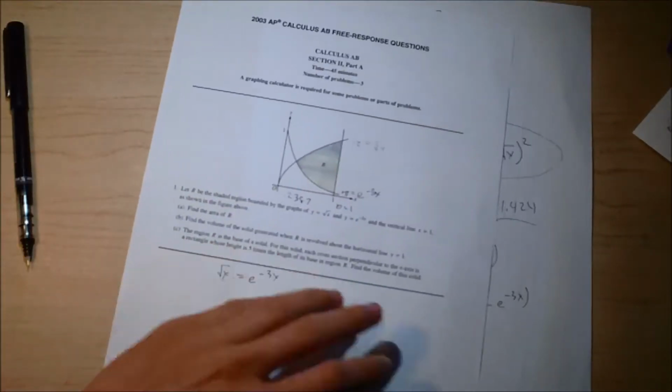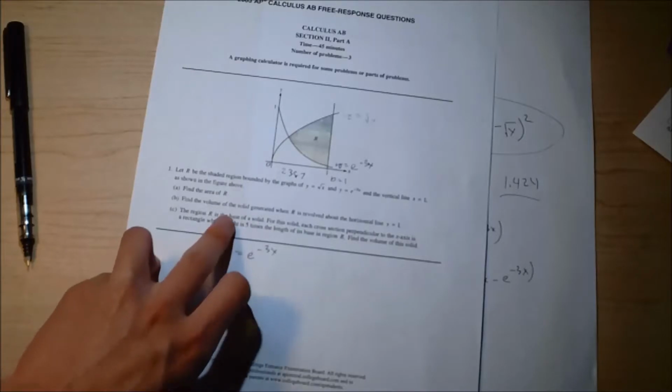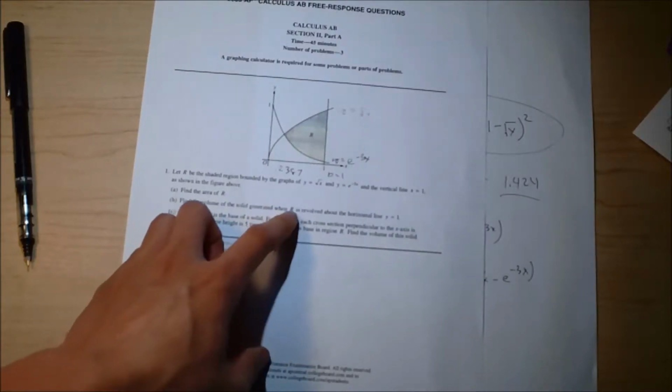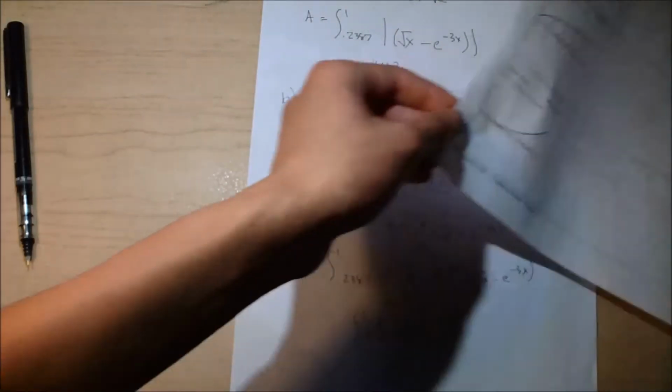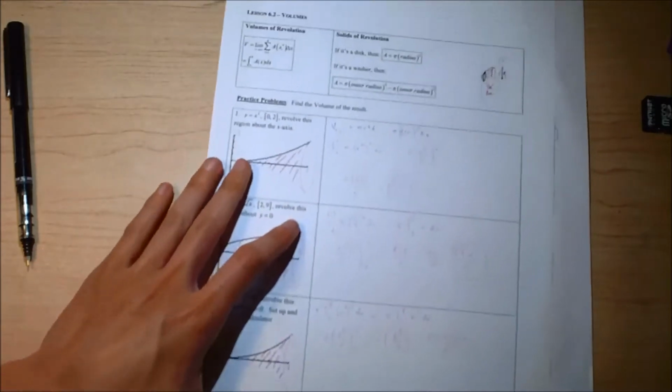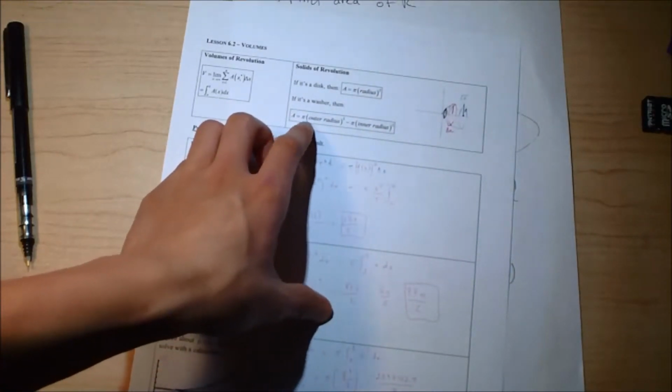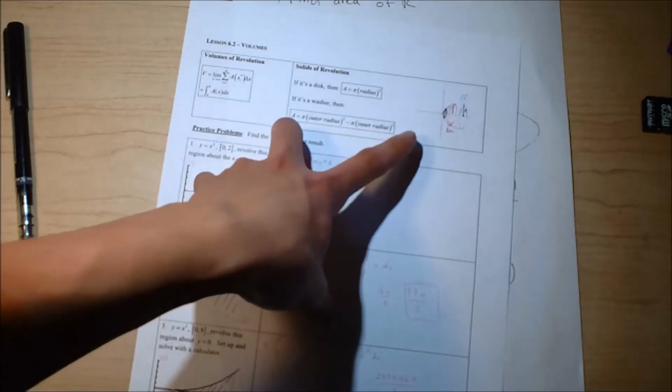Part B asks you to find the volume of the solid generated about the horizontal line y equals 1. From the notes, section 6.2, the way to find this is pi times the outer radius squared minus pi times the inner radius squared.